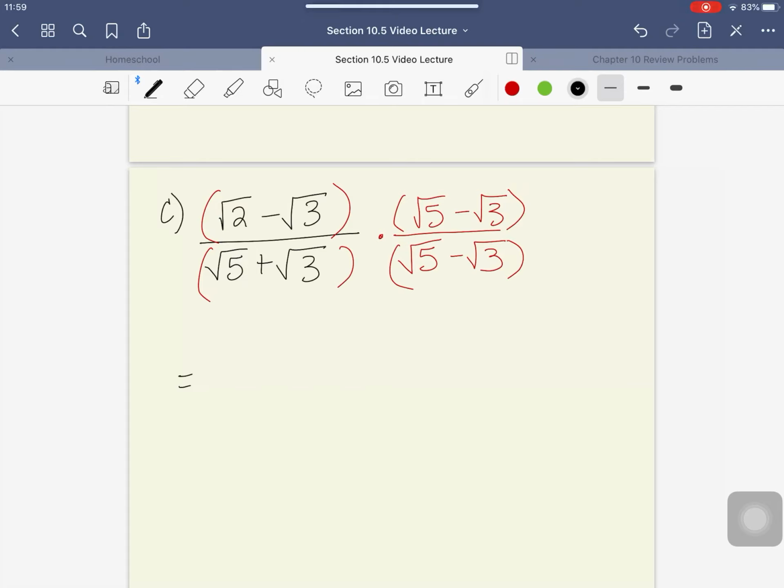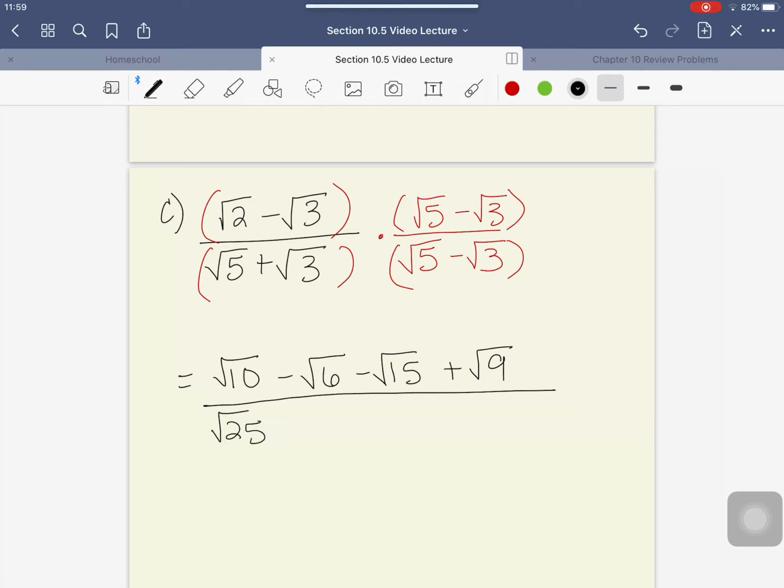So in the numerator, I'll get the square root of 10 minus the square root of 6 minus the square root of 15 plus the square root of 9. In the denominator, I'll get the square root of 25 minus the square root of 15 plus the square root of 15 minus the square root of 9.